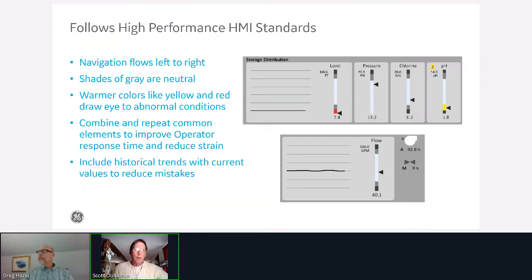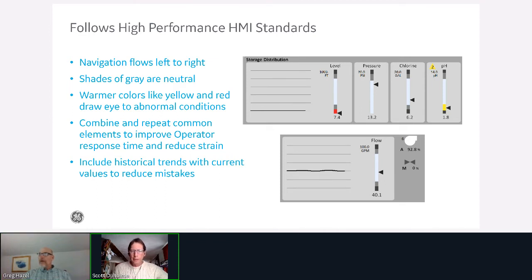So from a high performance HMI perspective, now there is a very nice getting started guide and a whole section we've added to the iFIX ebooks on how you might operate and interact with this. So I won't go into a lot of detail here, but from a conceptual standpoint, when you look at these screens, the navigation naturally flows left to right.